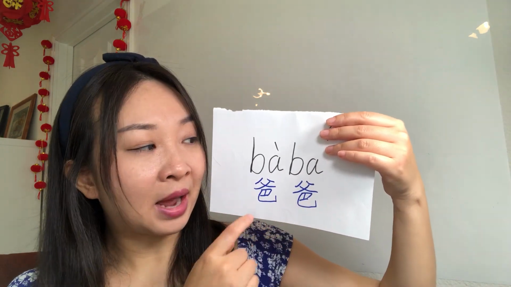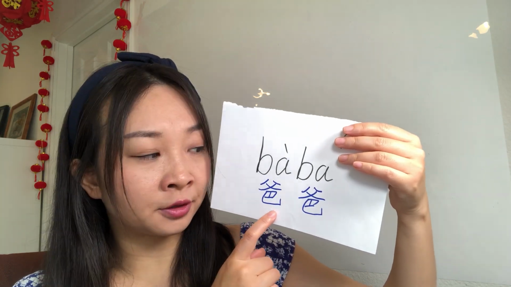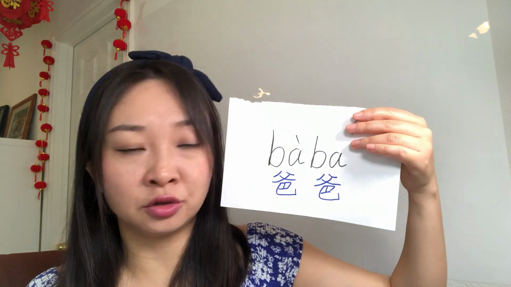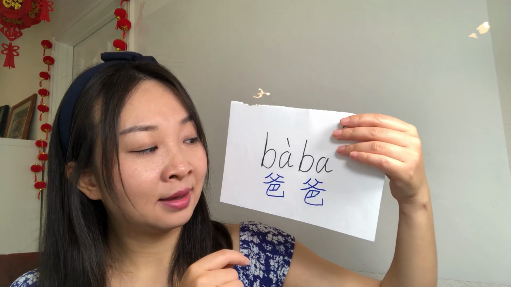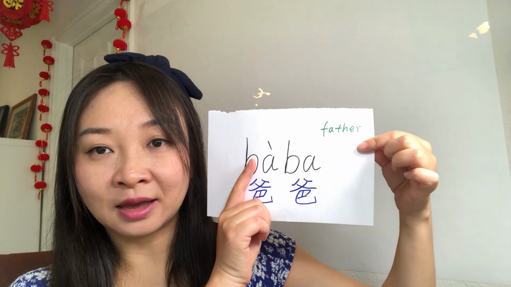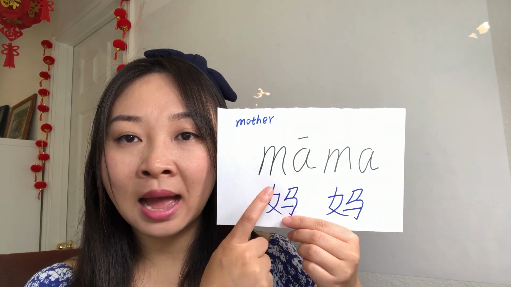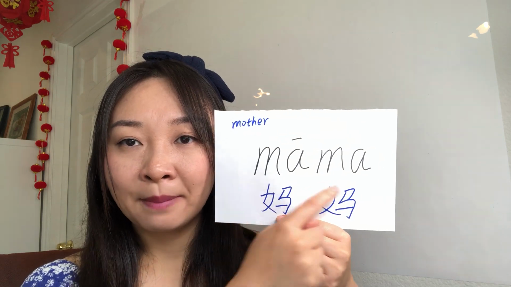Usually in Chinese, if you repeat the first word, the second word is usually a neutral tone. So ba, ba. This means father, okay? Next one is the same. Ma, ma, neutral tone. Ma, ma means mother, okay?